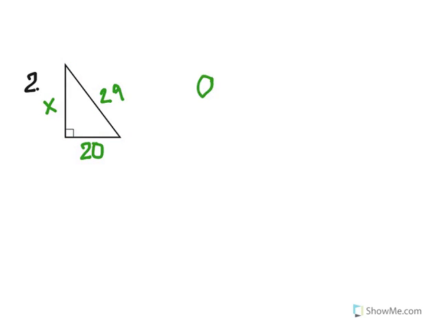To start this problem, always write out your formula: a squared plus b squared equals c squared. Let's go over to our triangle. Follow these steps every time. And let's label a, b, and c.